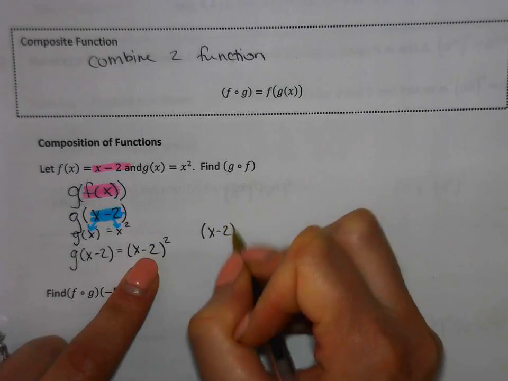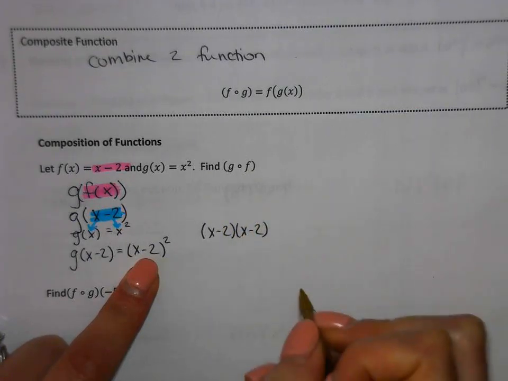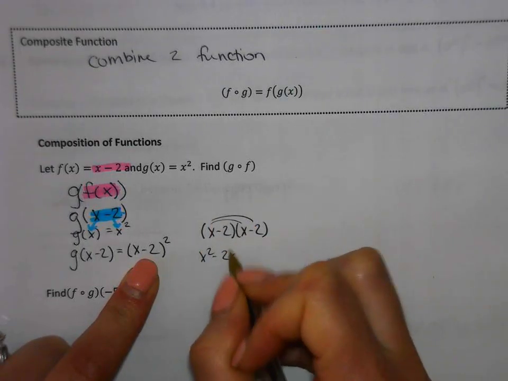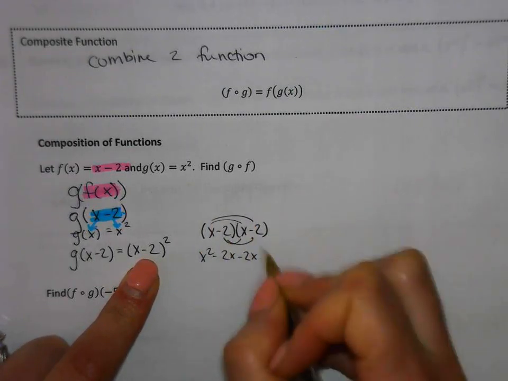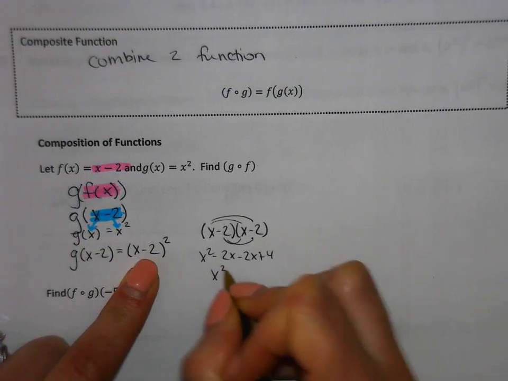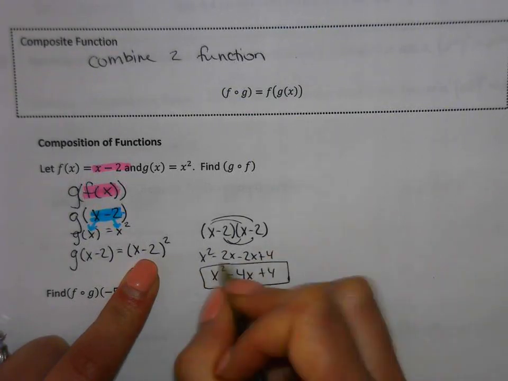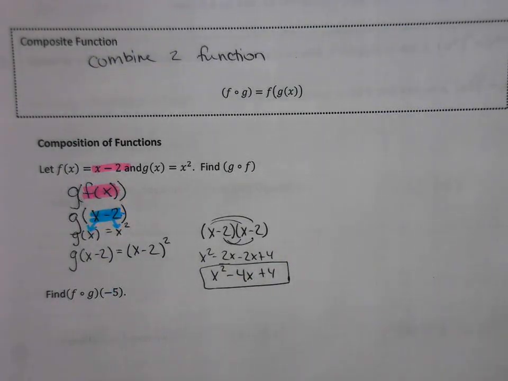So that means x minus 2 times the quantity of x minus 2. So when we FOIL, we have x squared, negative 2x, and a positive 4. So x squared minus 4x plus 4 is the composite function of function g with f of x.